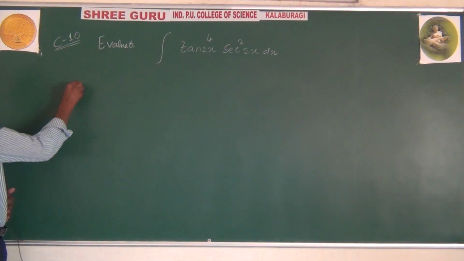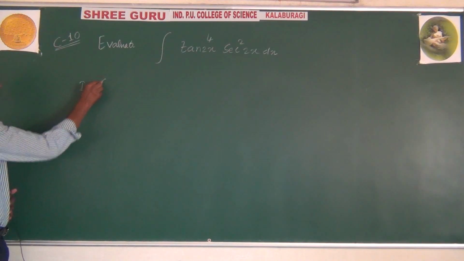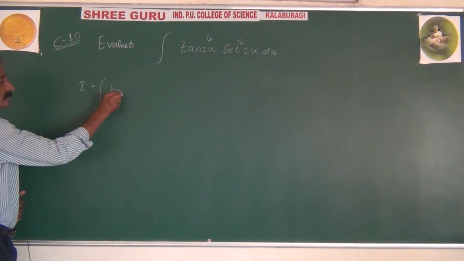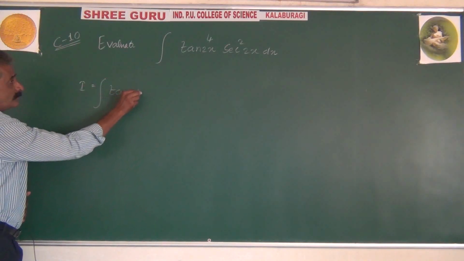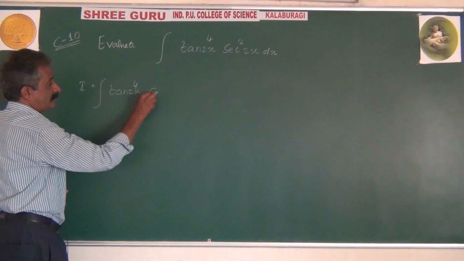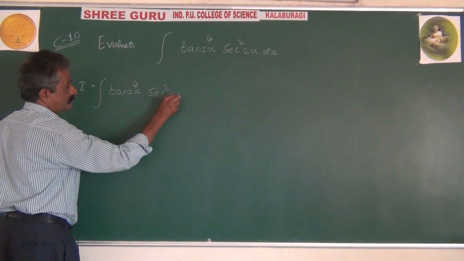Let I equal to the given problem, that is tan 2x power 4 into secant square of 2x.